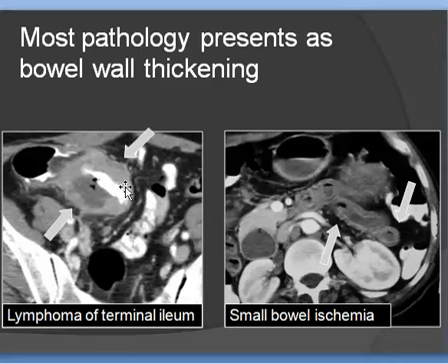If you look here, this is a terminal ileum where a mass is around, causing enlargement with a very narrow loop inside, and it proves to be lymphoma presenting as bowel thickening. And here is Crohn's, ischemia, with multiple loops showing small bowel thickening.